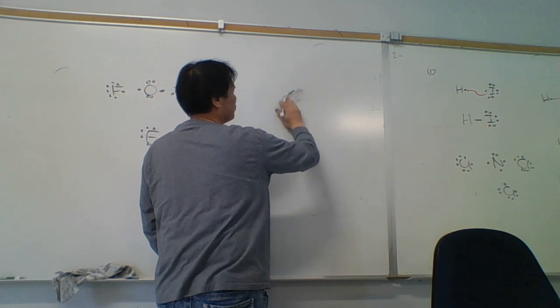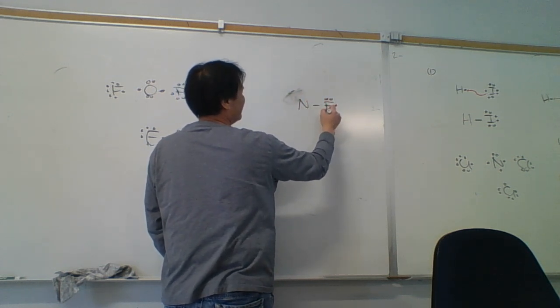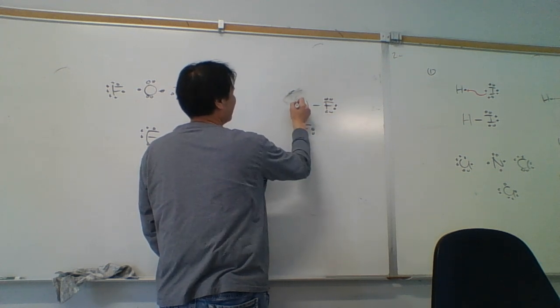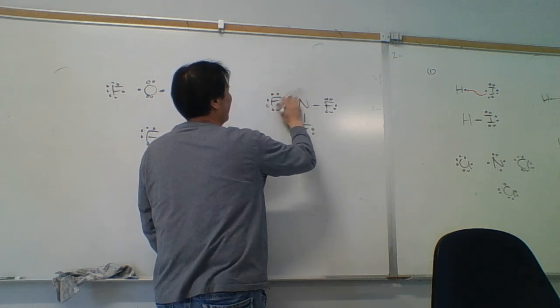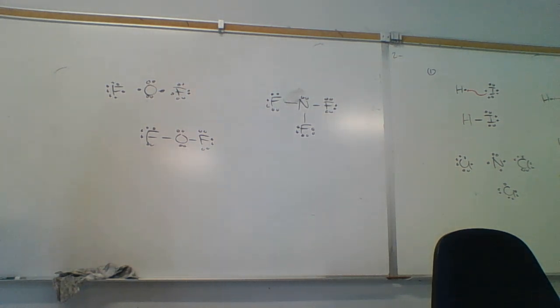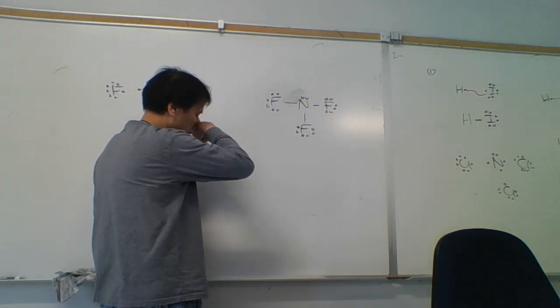NF3, nitrogen likes to form 3 bonds, fluorine likes to form 1 bond only. So it's going to look like this. That would be the Lewis structure for NF3. If I look at the formal charges, all the formal charges are 0.